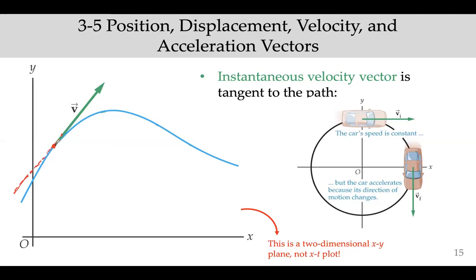That tangent line gives you the velocity when you are exactly at this point. Again, there's no time here, this is x direction, this is y direction. We are on the two-dimensional plane. So for example, what is the velocity at this point? The instantaneous velocity vector is in this direction. So you always go by the tangent. At this point, it's in this direction.